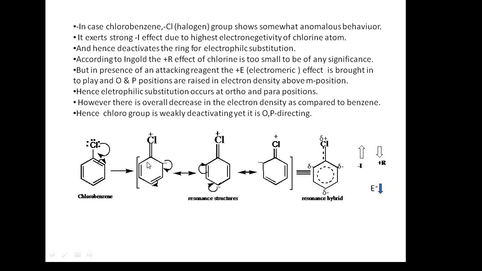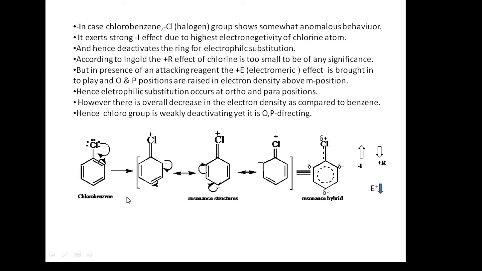And next, in the case of toluene, hyperconjugation effect is responsible for ortho-para orientation, and in the case of chlorobenzene, it is occurring due to the temporary effect known as the electromeric effect. Due to the existence of the strong electron withdrawing inductive effect, the ring is deactivated towards electrophilic substitution.